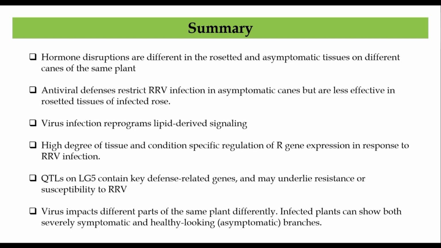We also see high levels of resistance gene expression upon Rosette virus infection, and QTLs on linkage group 5 might have key genes which might regulate Rosette disease. Virus-infected plants can show different symptoms of the same type.